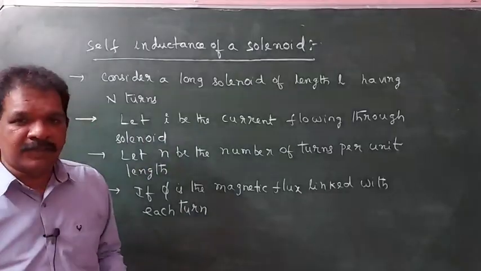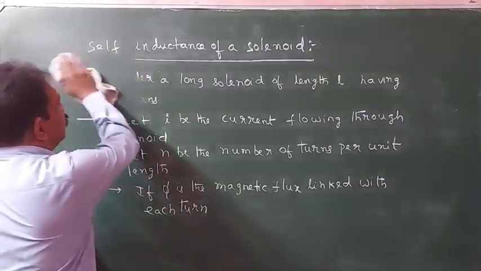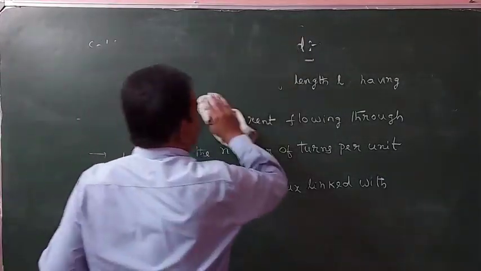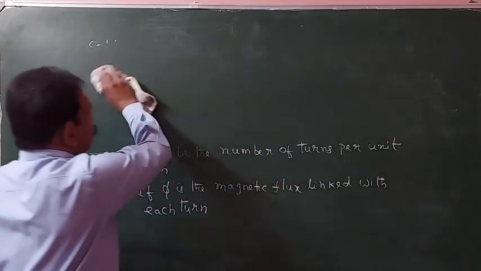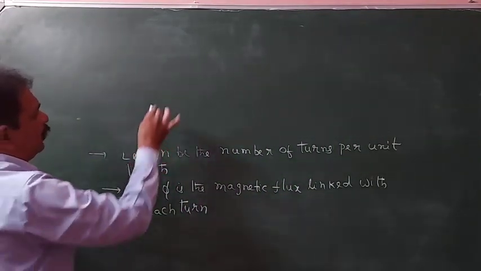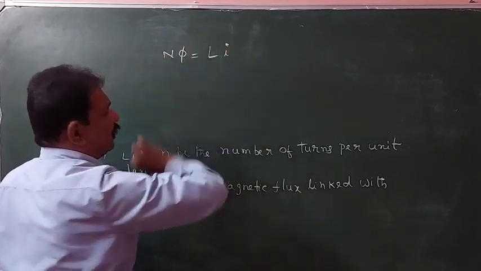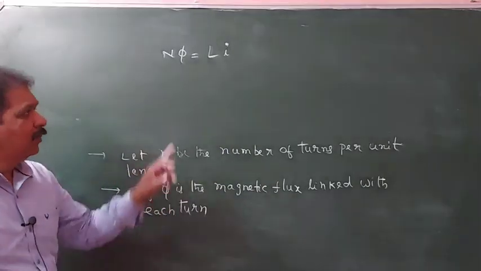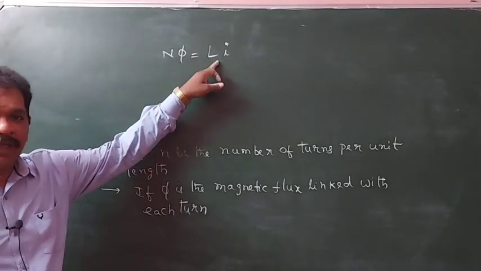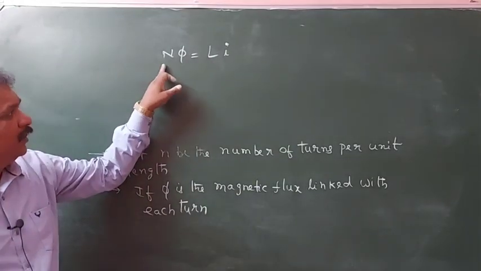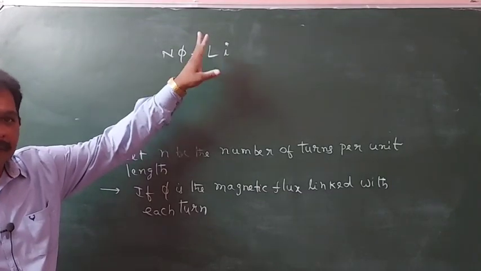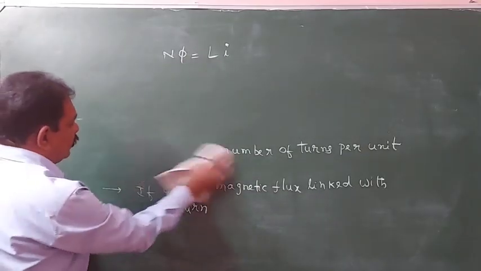Capital N turns are there. Then what we can write here is N phi, the total flux, is equal to L into I. If only one turn is there, phi is equal to LI. If capital N turns are there, N phi is equal to LI.